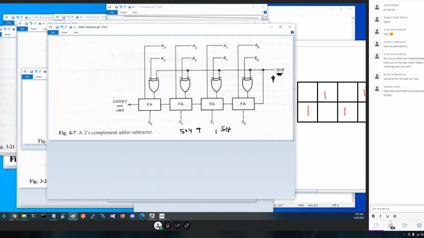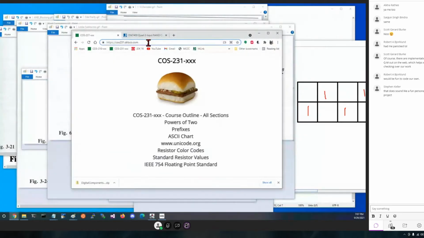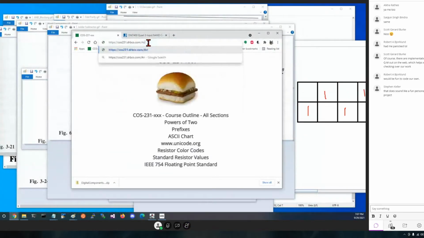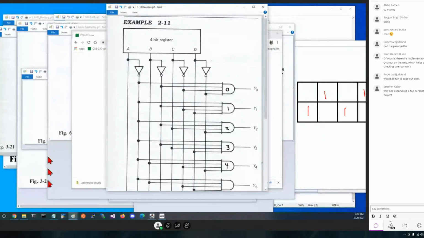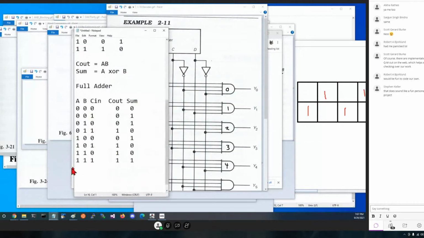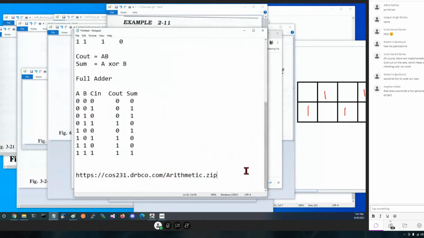I think we can go to the website. I think I put this one out there also for you. So what you want to do is get arithmetic.zip on the web page.